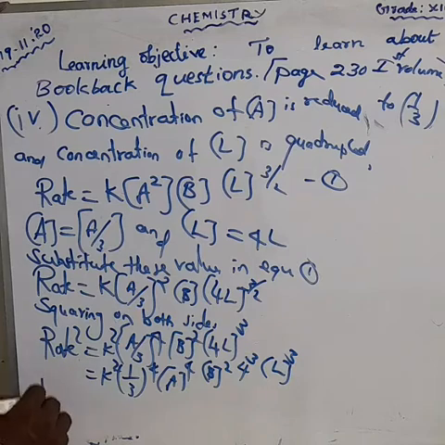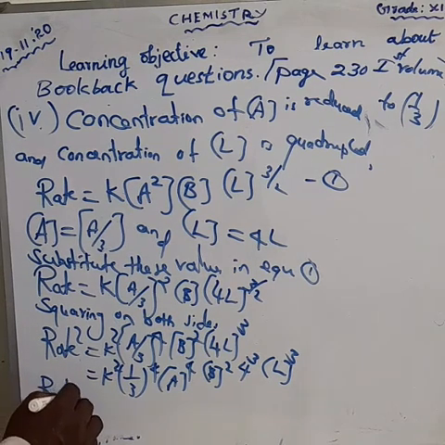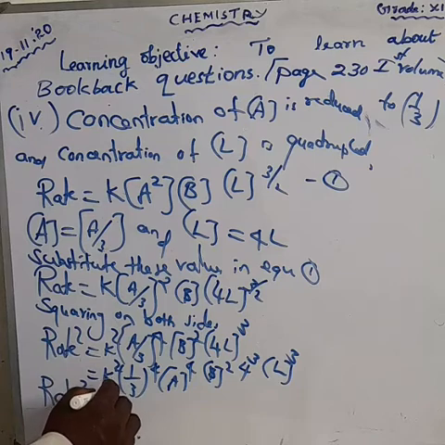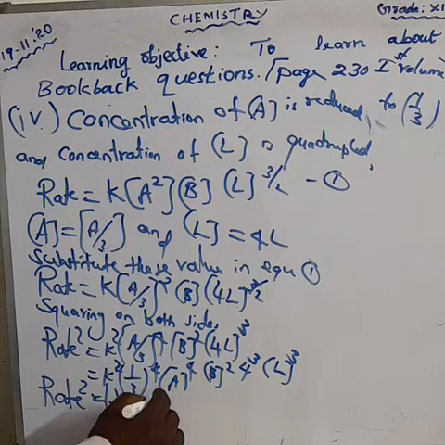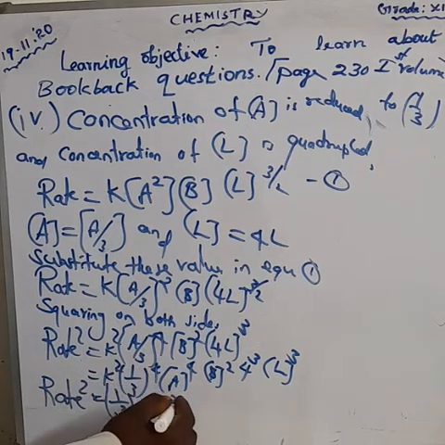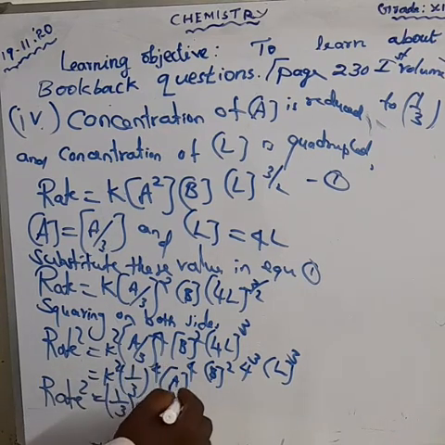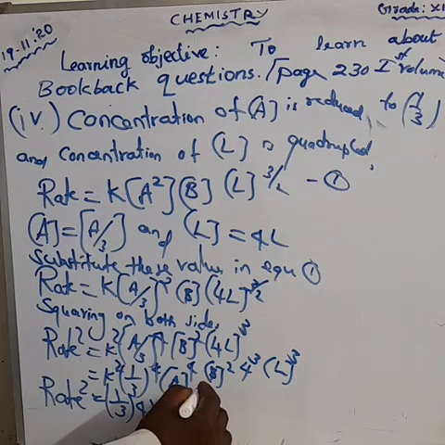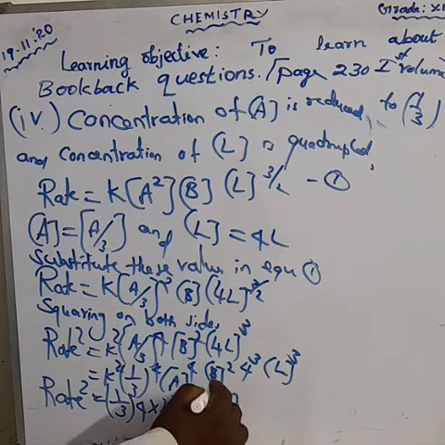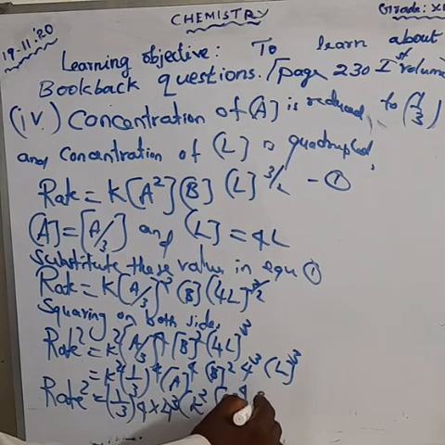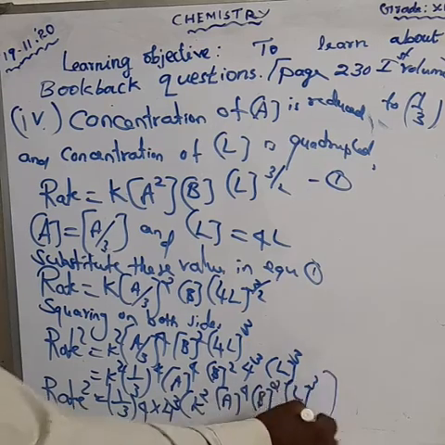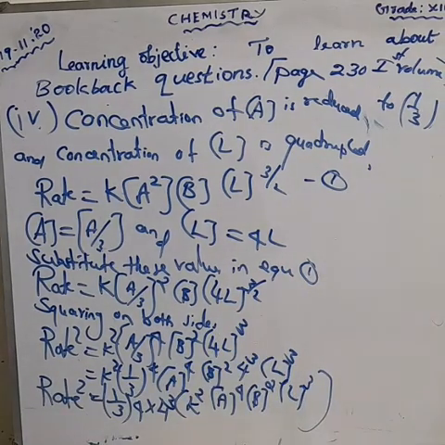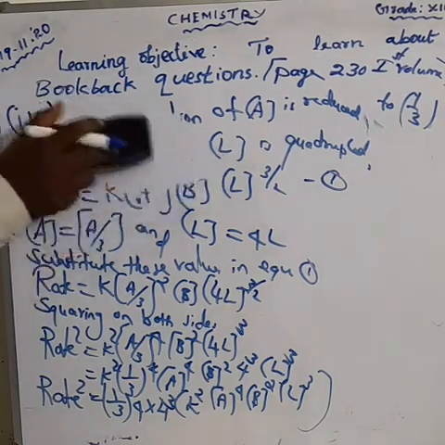Then rate square is equal to 1 by 3 to the 4 into 4 cube, this can be written like that: 4 square A raised to 4 B square L cube. We should take the root on both sides.